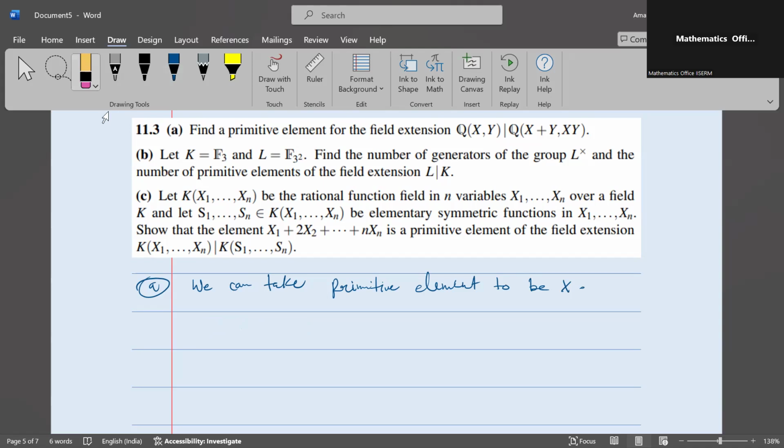We want something where x also belongs and y also belongs.